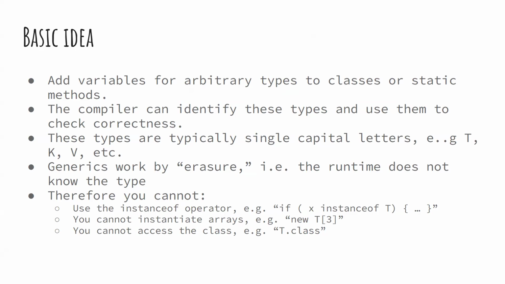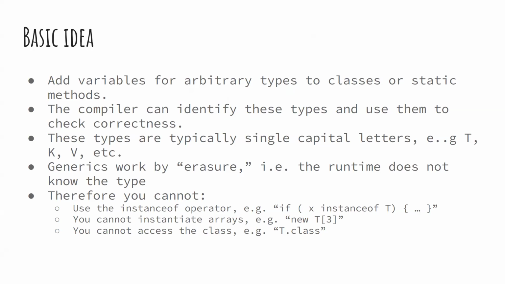All right. So the basic idea is that we add variables for arbitrary types to classes and static methods. So we have these generic types that we use. They have a variable that stands for a type.